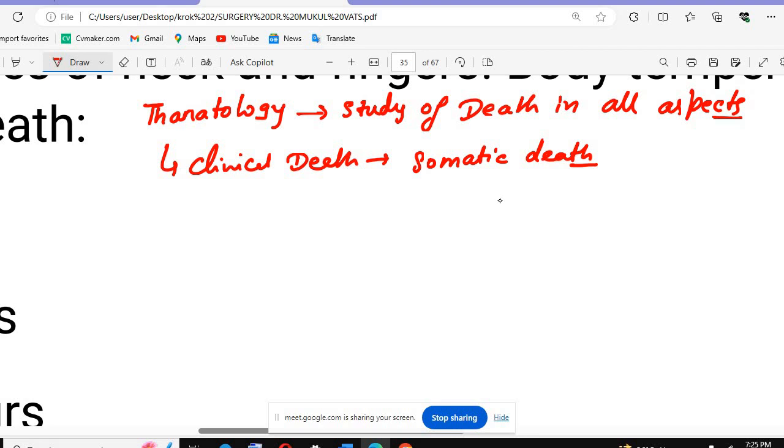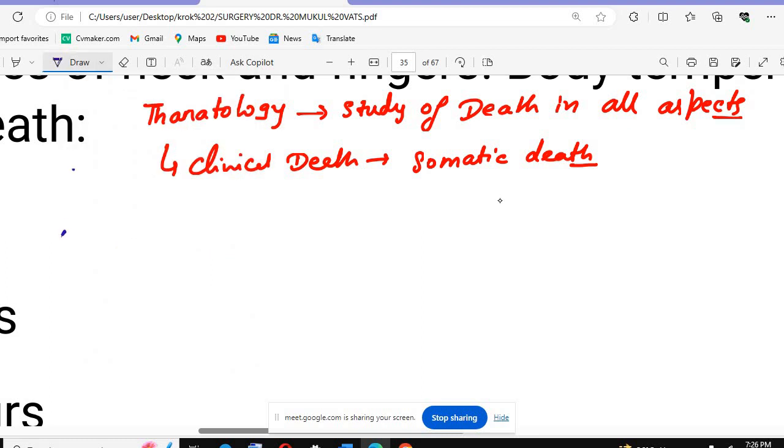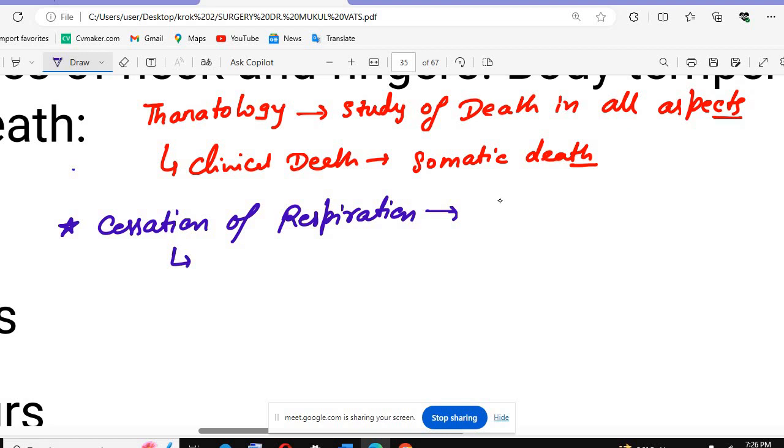After that, there are some tests to confirm death, like the ICAR test, Diaphos test, Magnus test, but those will not be asked in your exam. One keyword I have seen in questions is cessation of respiration. If respiration has stopped, we do a test to confirm it, known as the Winslow test.